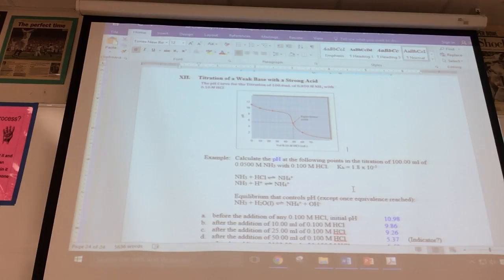Is this similar to where the concentration divided by Kb is larger than? Yeah, you'll be good to go there. Just ignore it.